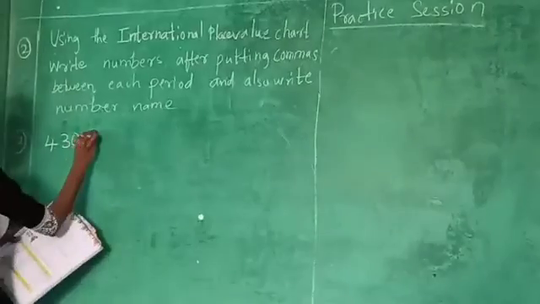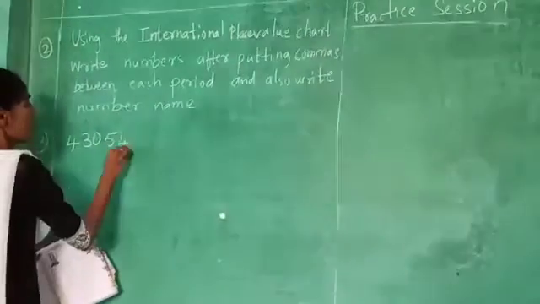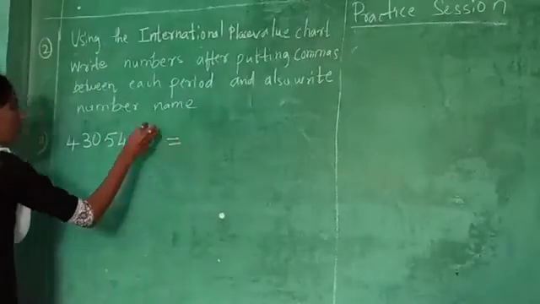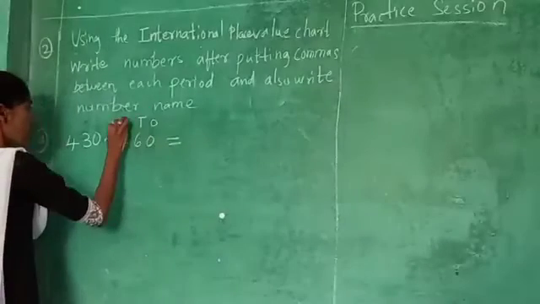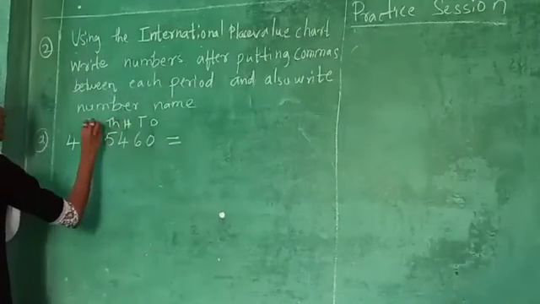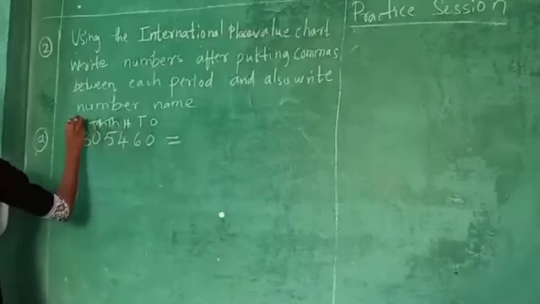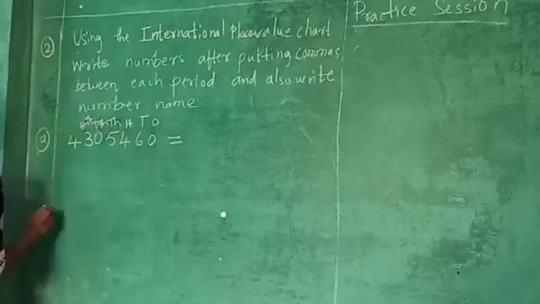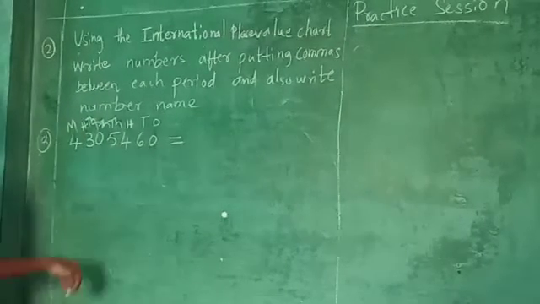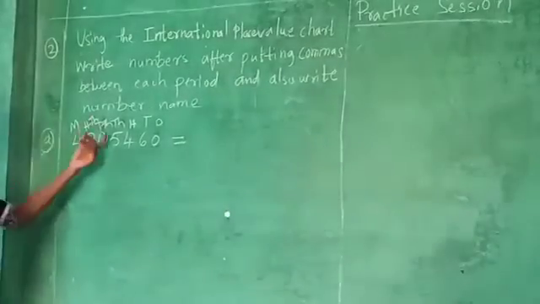How will you read this number? First mark the place values here. Ones, tens, hundreds, thousands, ten thousands, hundred thousands, millions. This is the international place value chart.